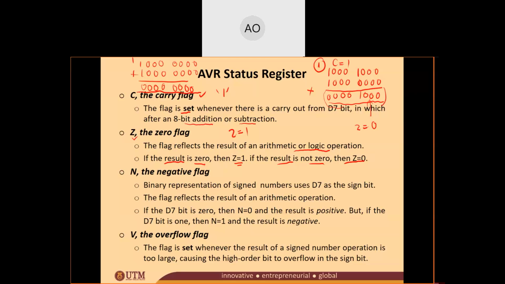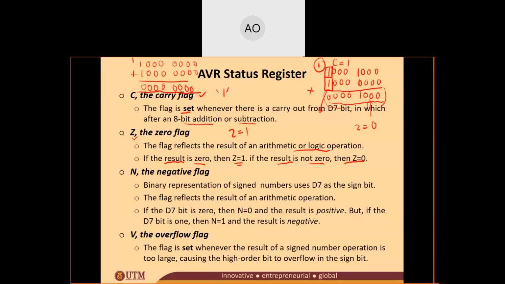Okay, next the N flag. This is the negative flag. Binary representation of signed numbers uses D7 as the sign bit. So every time you use a signed number, bit 7 here will represent whether it is a signed number or unsigned number. The flag reflects the result of an arithmetic operation. Every time you do the arithmetic operation, the CPU will look at bit number 7.